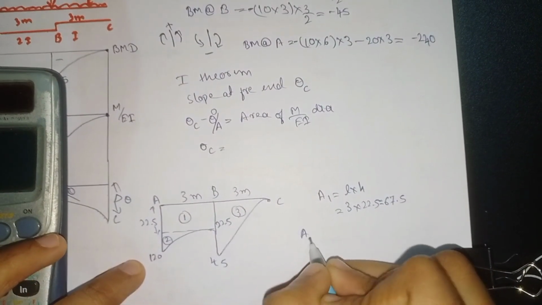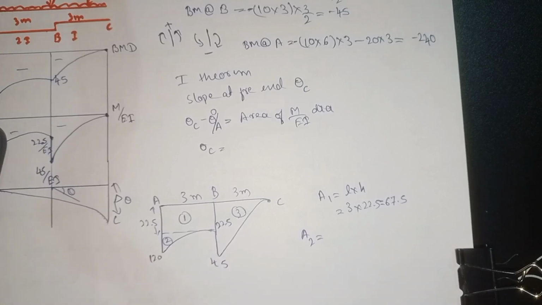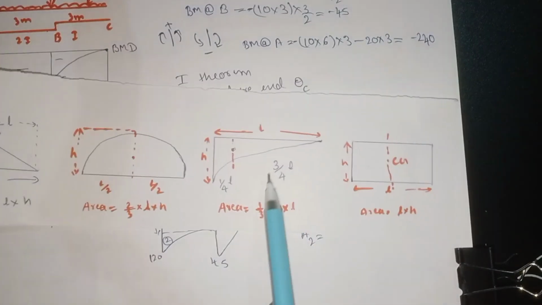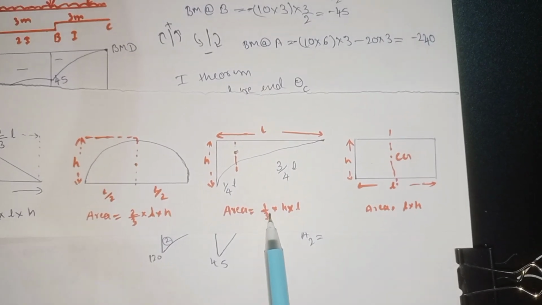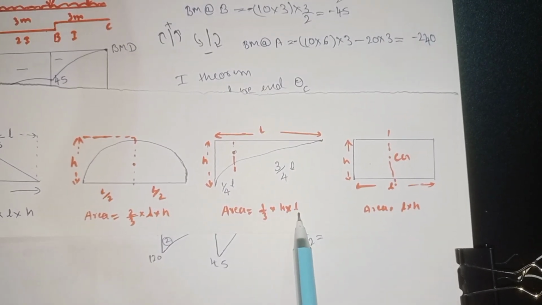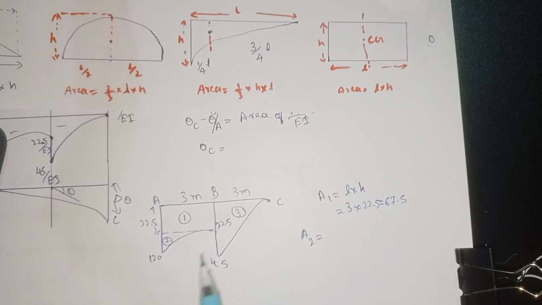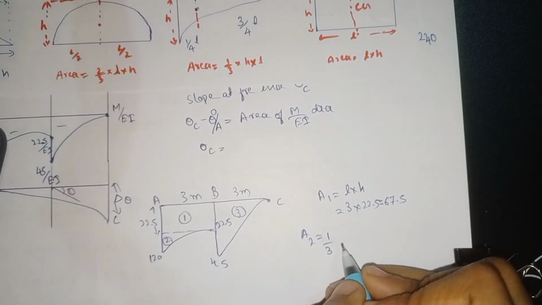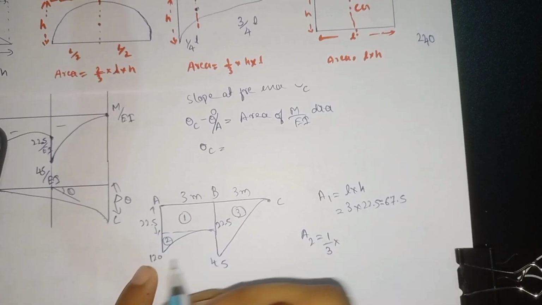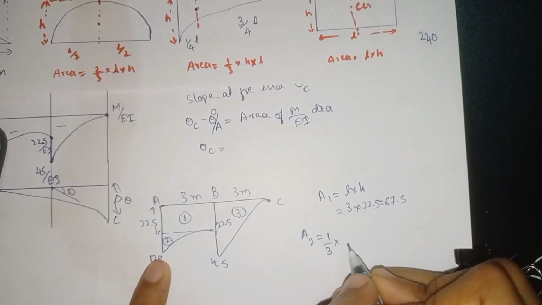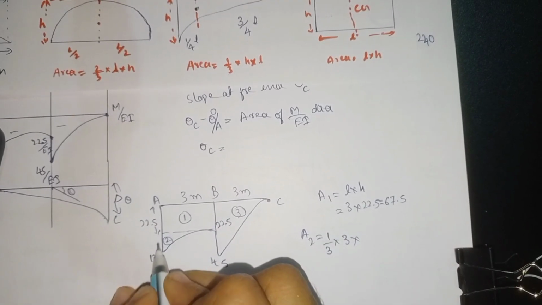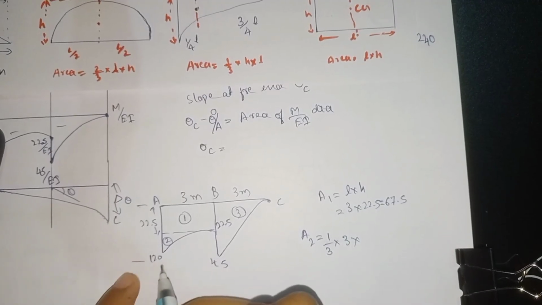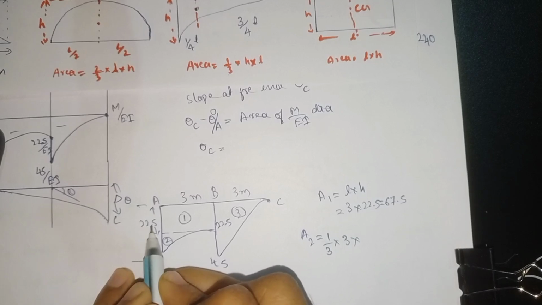To find the area of this one, we have the formula: area is 1 divided by 3 into height into length, h into L. So 1 divided by 3 into, here the length is 3 meter, and the height of this one we have to know. From here to here is 120 and here to here is 22.5.